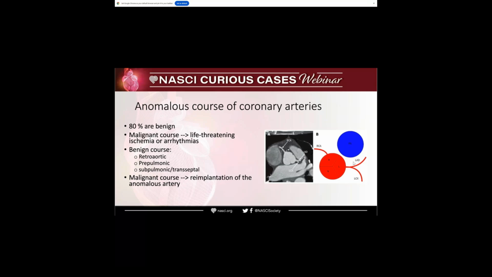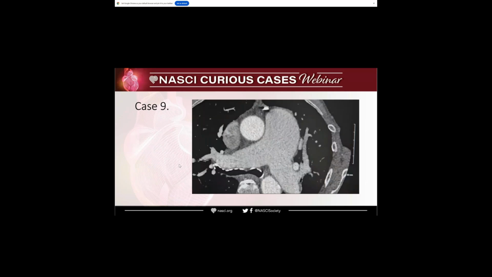Whenever we have a malignant course, it can cause life-threatening ischemia or arrhythmias, and that is actually one of the causes of sudden cardiac death in younger individuals. So sometimes when we have a malignant course, we can reimplant the anomalous artery or use other surgical solutions, but we really have to notice it because it can be a serious problem for the patients.